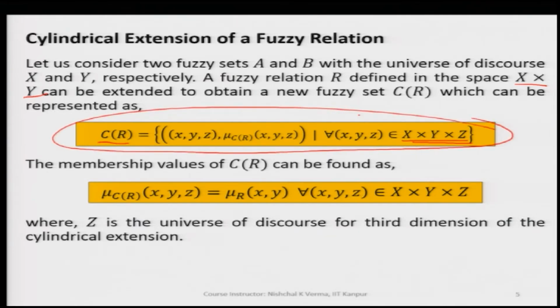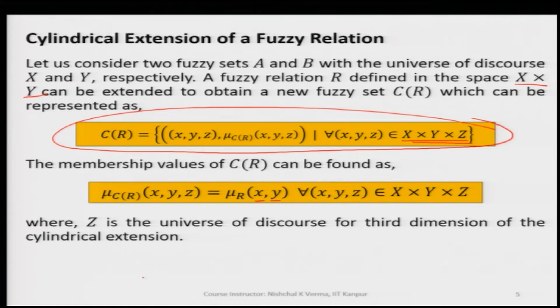So, this C of R is nothing but the cylindrical extension of R, and R, as we already know, is defined in the X cross Y universe of discourse. Here also, as we have seen in the previous case where we took fuzzy set A and fuzzy set B, since we are taking R, R is already defined with 2 generic variables, small x and small y.